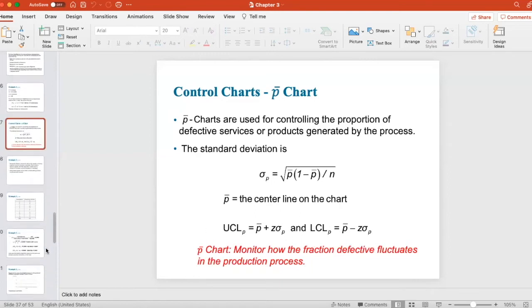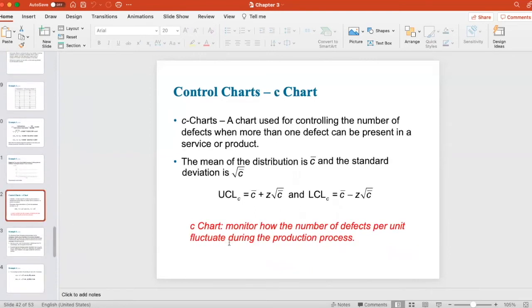Now finally, C chart. What does C chart mean? We all know that, for example, if one product has multiple parts, then the defective parts within one single product can be multiple, right? So the number of defective parts within one product can be 0, can be 1, can be 2, can be 3.